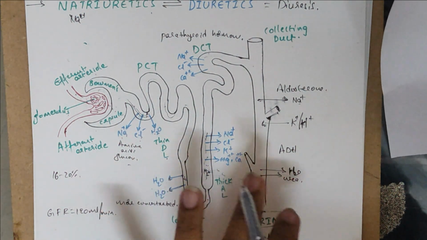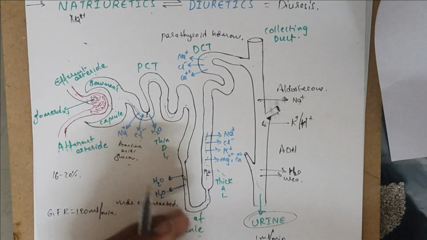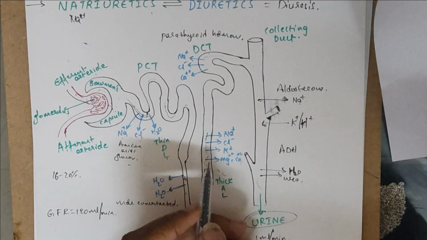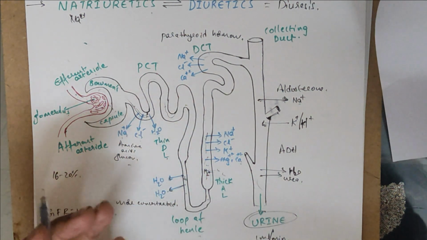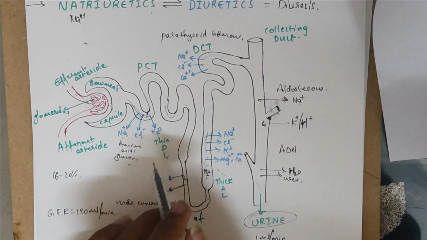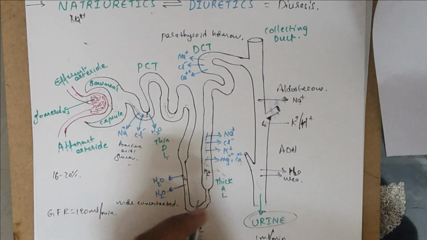The body doesn't want to lose much water. Important molecules like sodium, chloride, potassium, magnesium, calcium, it doesn't want to lose, so it will reabsorb these molecules back into the blood.